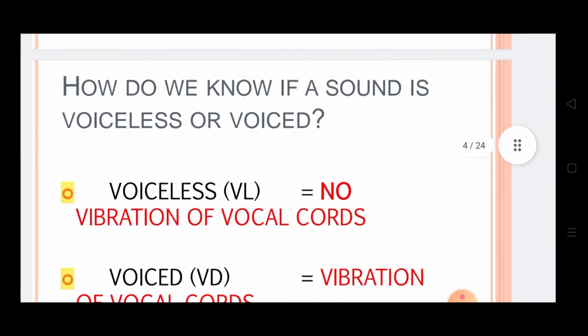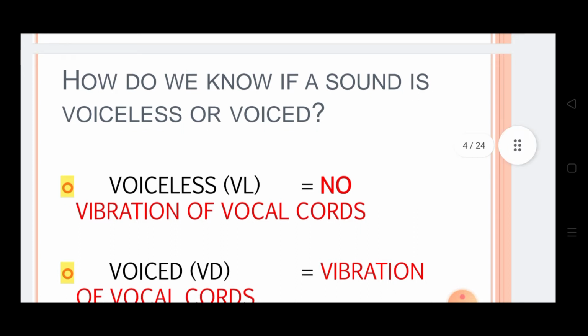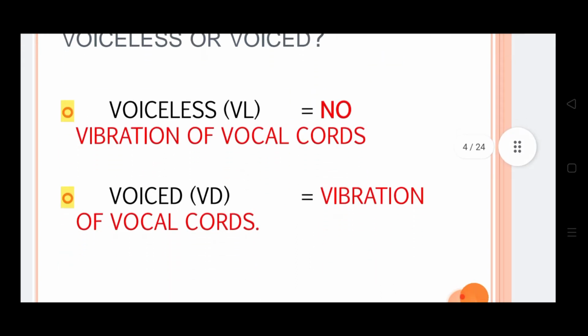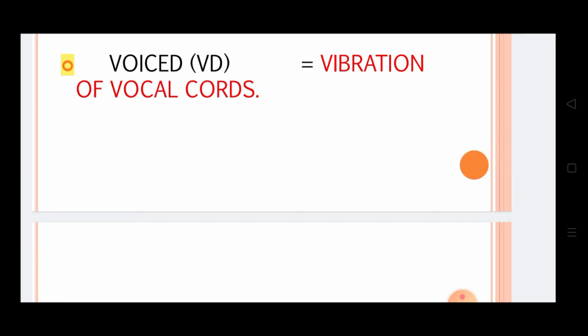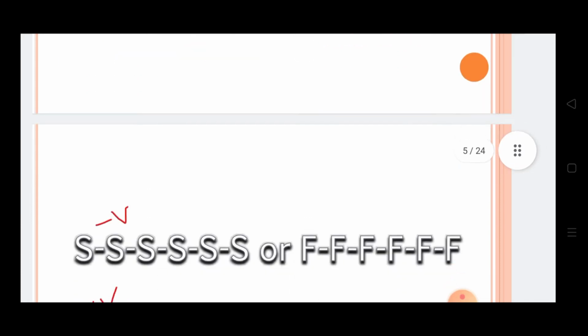So voiceless sounds are those without vibration of vocal cords. And in voiced sounds there is vibration of vocal cords. While producing that sound, the vocal folds vibrate, so these sounds are known as voiced sounds.